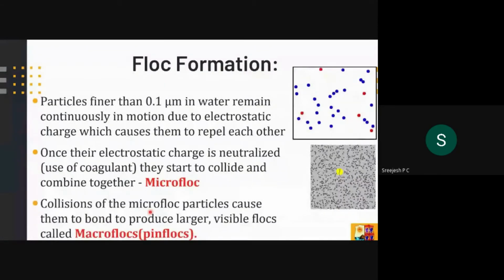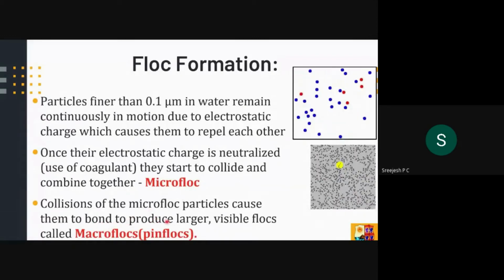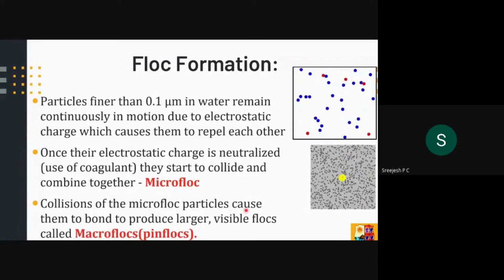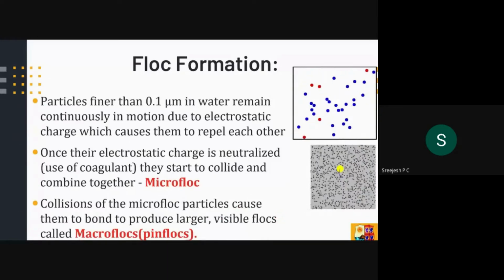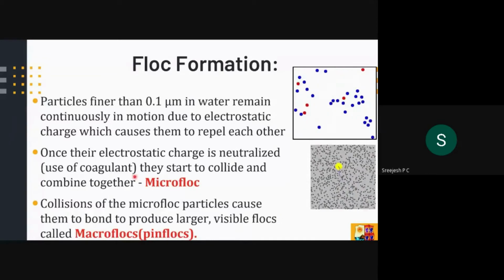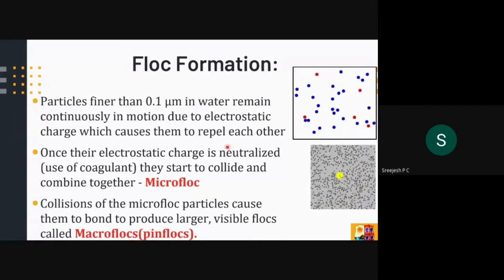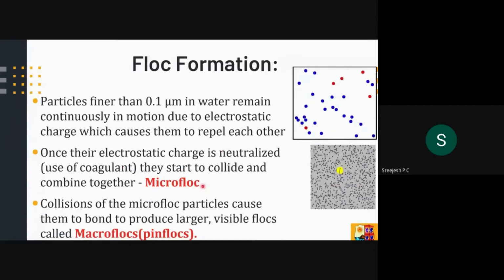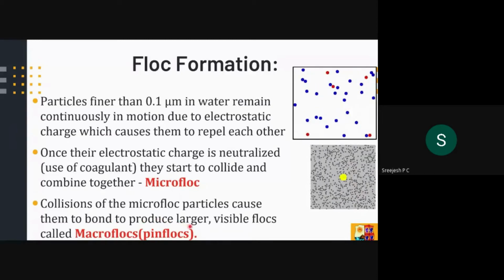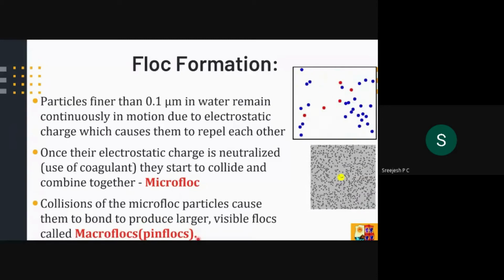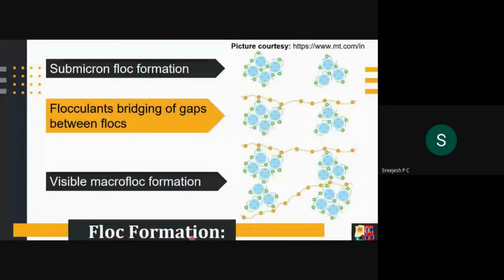So for that, we do the flocculation, where we add the flocculant and provide the gentle mixing, which leads to the formation of visible flocs, called macroflocs or pin flocs. So in floc formation, there are two continuous events. The first step is the formation of microflocs and the second step is the formation of macroflocs or pin flocs. So hope you understood the concept of floc formation.